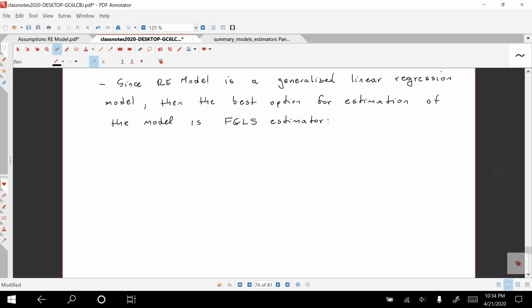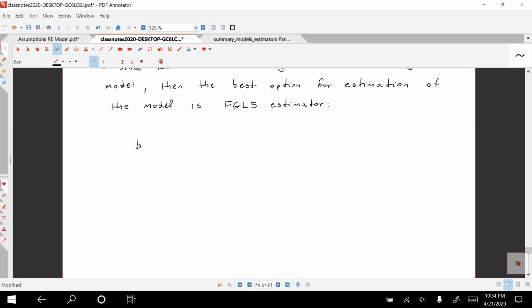Okay, so the feasible generalized least square estimator, and I'm going to call it B, is actually the random effects estimator. So it's the same thing. It's just going to have the structure of the feasible generalized least square estimator that we had described previously.